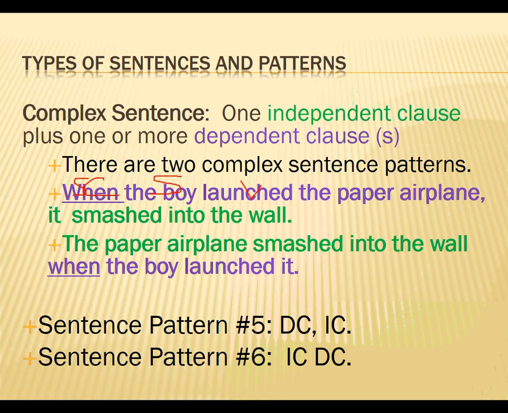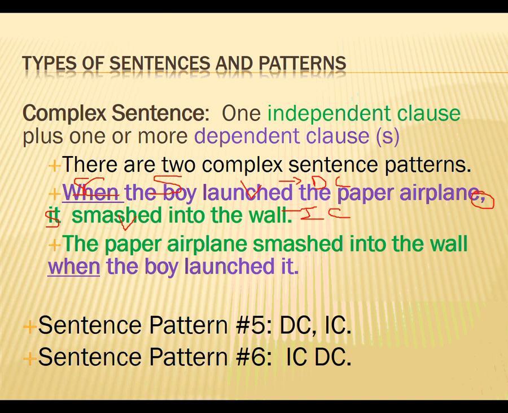Thus, the first clause is the dependent clause. After the comma is the next clause. The subject is it, the verb is smashed, and then the phrase "into the wall." Thus, the second clause is the independent clause that can stand alone.